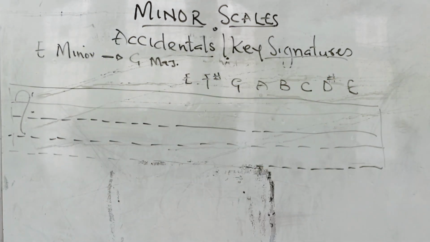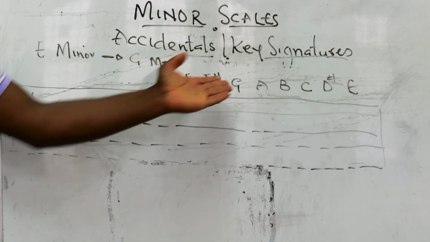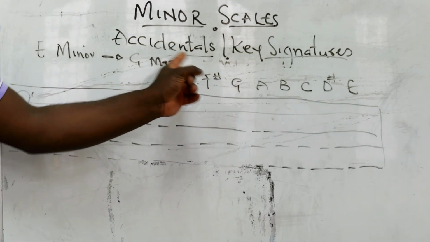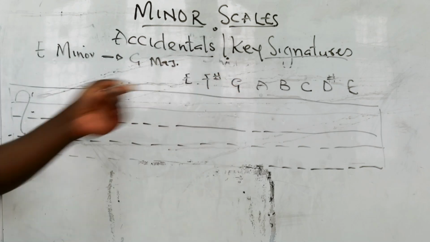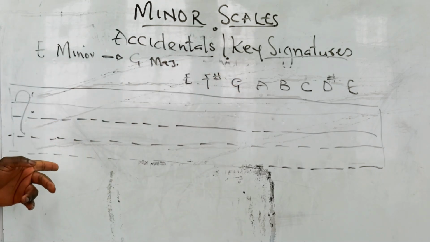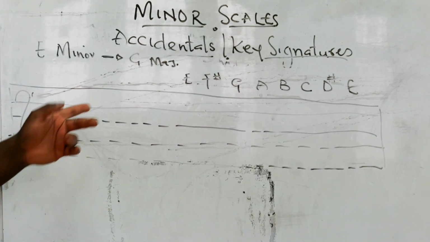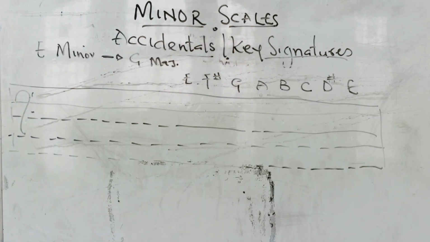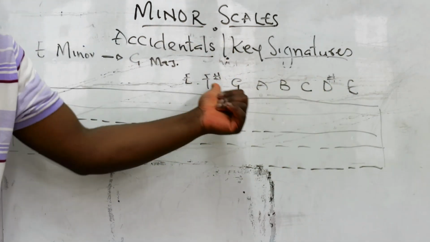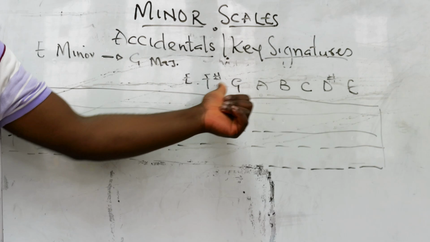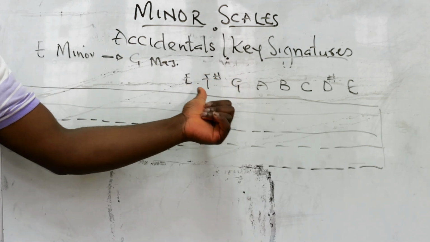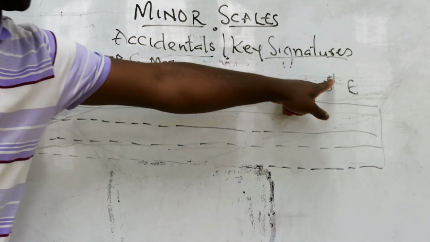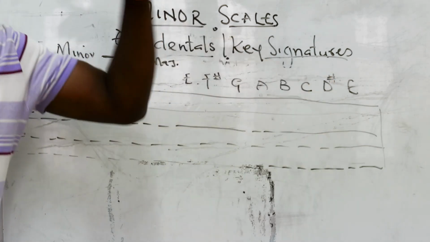Oh, so you just have to know that E minor has F sharp. Yes, it's G major that has F sharp. So already you know that this is the key signature of G. All right. So it's E harmonic minor. Because if you remove this, I know that this is just F sharp, and it belongs to G major. So this is E natural minor, but with this 7th sharp, it becomes harmonic minor.